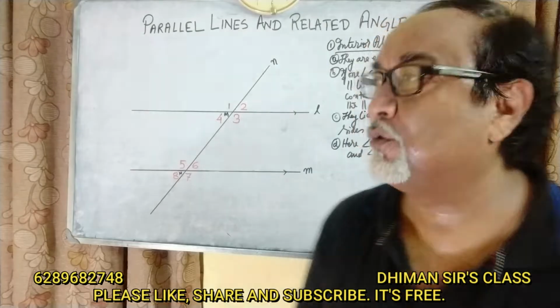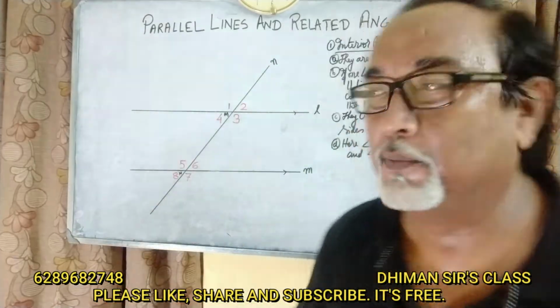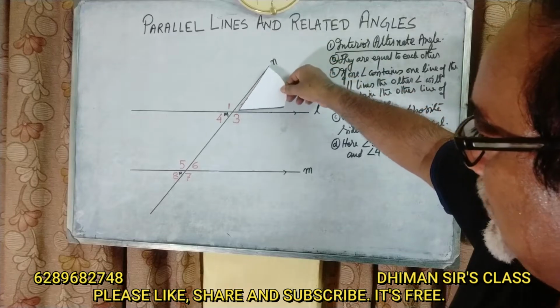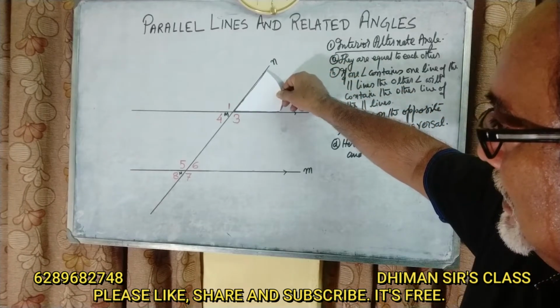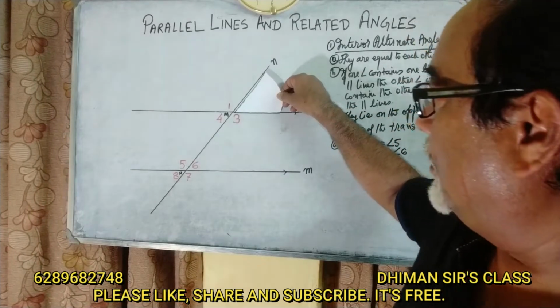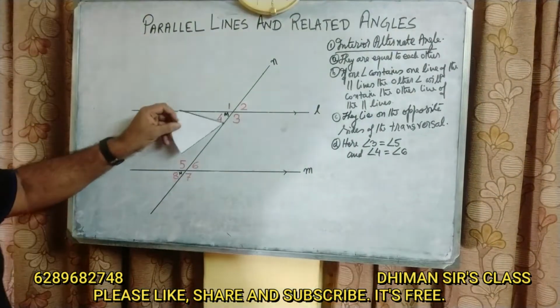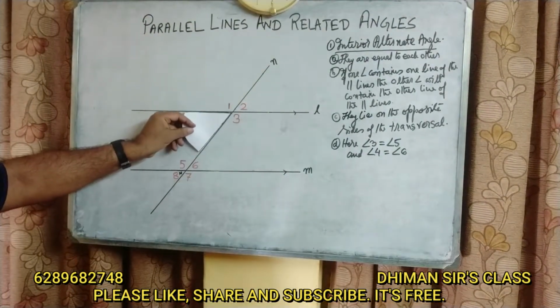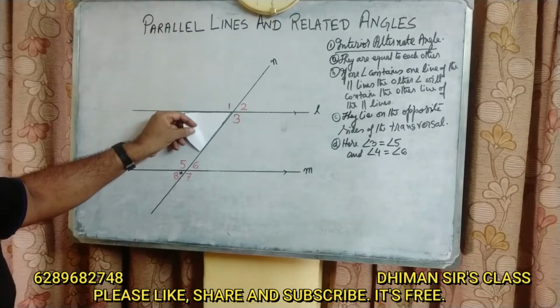See, I have drawn this diagram on the basis of this cutout. See, if I put it here on angle 2, you can see it is matching, isn't it? Now if I put this angle 4 here, angle 4 is matching here.